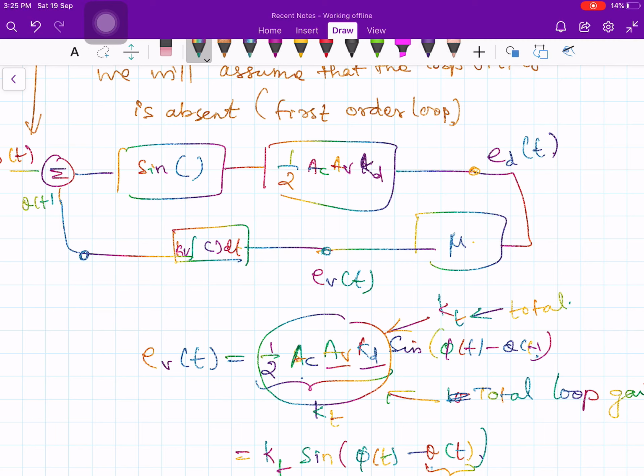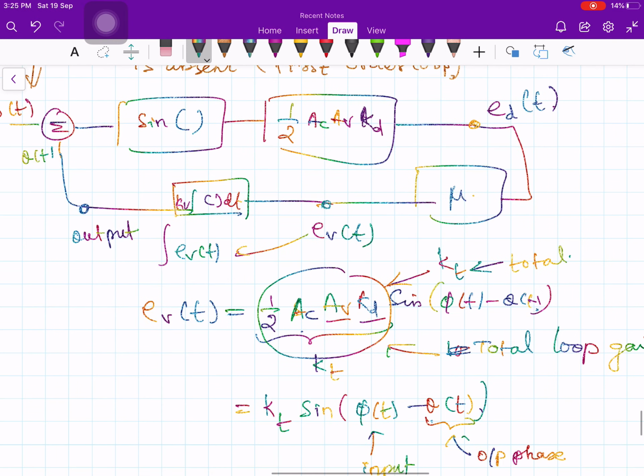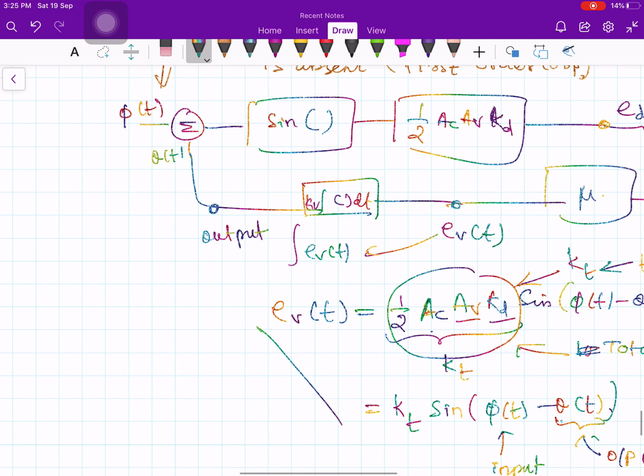This is my output. My output is the integral of this EV of t. So output is equal to integral of EV of t and dt.